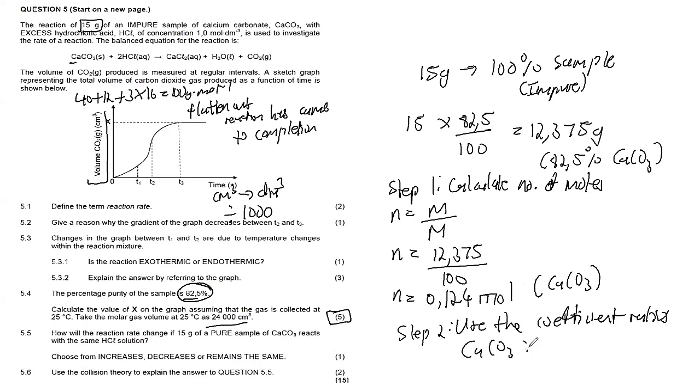The ratio of calcium carbonate to carbon dioxide, when we check our balanced equation, is 1:1. A ratio of 1:1 simply means that the number of moles of calcium carbonate will be the same number of moles for carbon dioxide, because they share the same ratio. So the number of moles of carbon dioxide will be 0.124 mole.